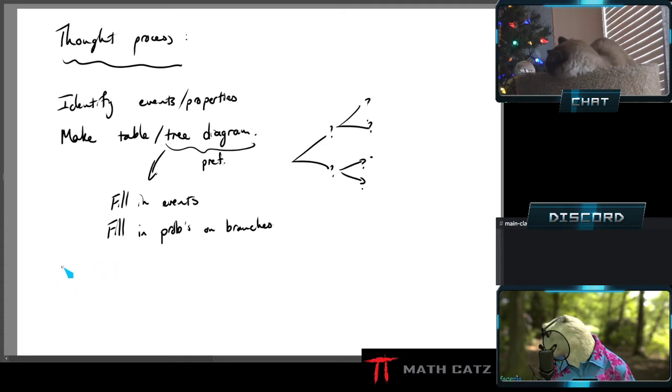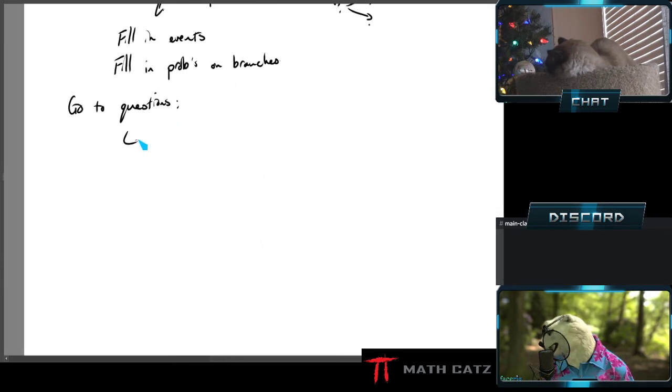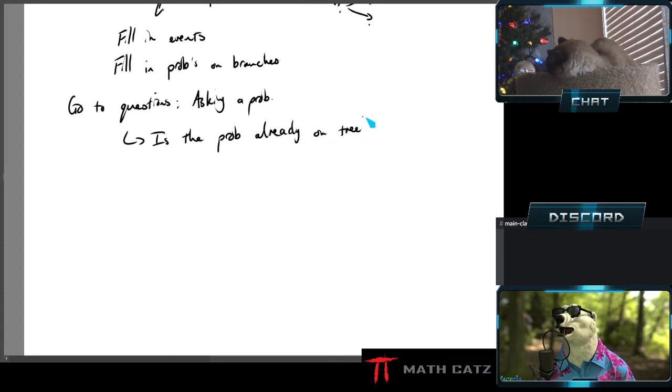Once I have that, we're going to the actual questions, where they're going to ask me, what is the probability of this happening? What is the probability of this, and so on. And there I have to decide, well, given a probability, the first issue is: is the probability that they're asking already on my tree?